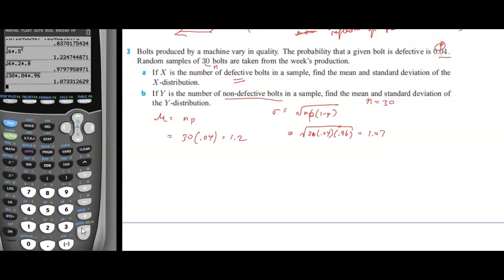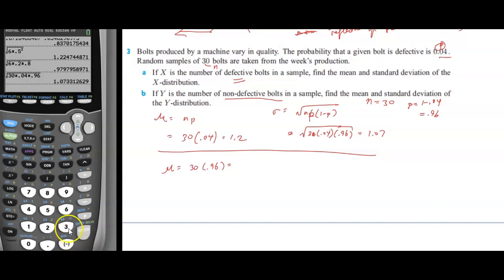But in this case, instead of looking for a successful result of a defective bolt, we're looking at the successful result of a non-defective bolt, which would be p equals 1 minus 0.04, which would be 0.96, right? So for this case, our mu is going to be 30 times 0.96. What is the mean number of bolts that are not defective?